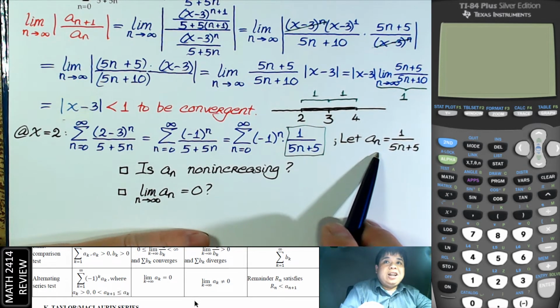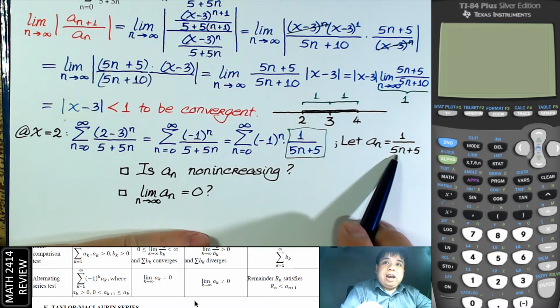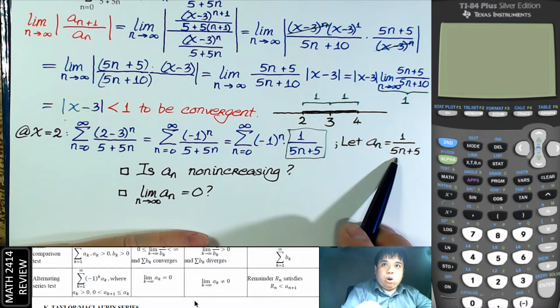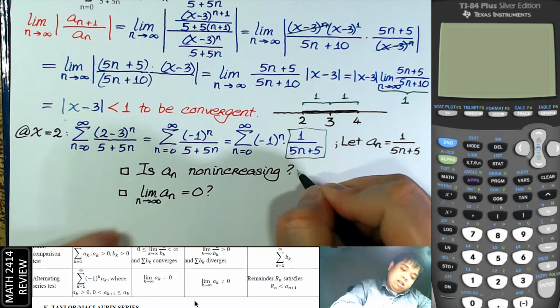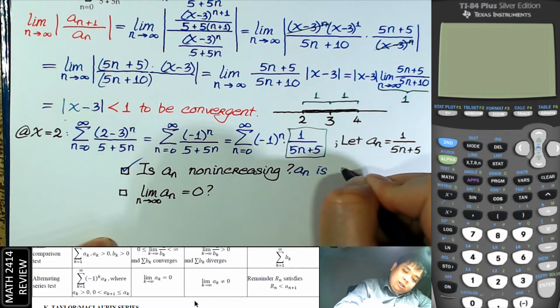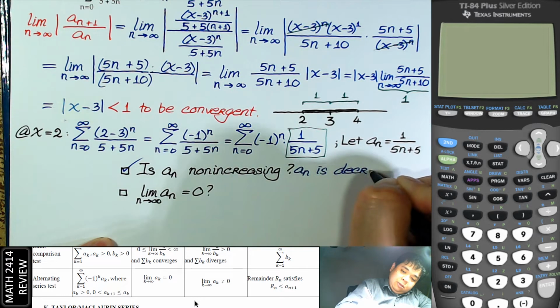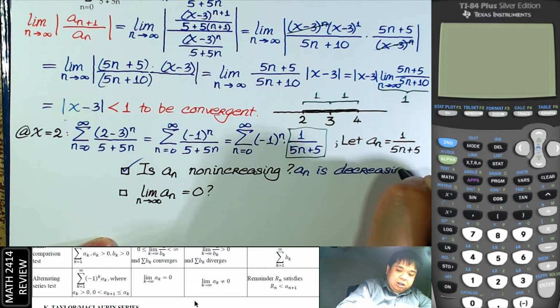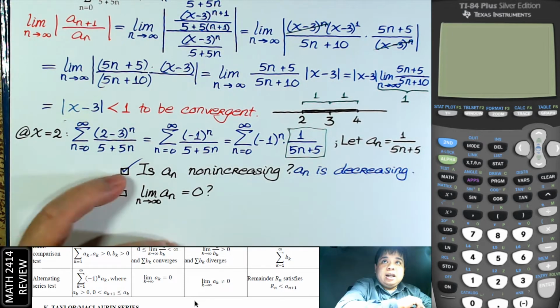Obviously, it is decreasing. The bigger the values for n, the bigger the bottom, the smaller the quotient. This one is getting smaller as n is getting bigger. So yes, we say h of n is decreasing as the denominator is getting bigger. Is the limit equal to 0?